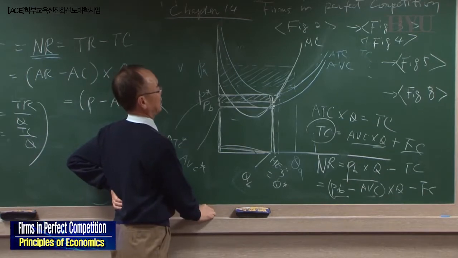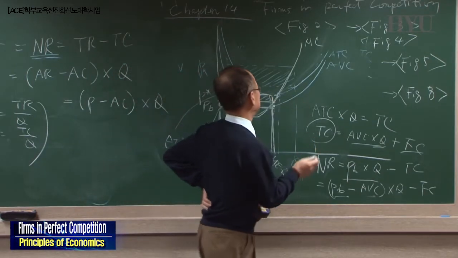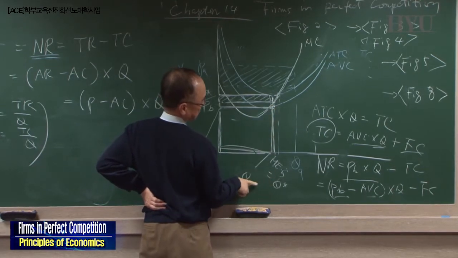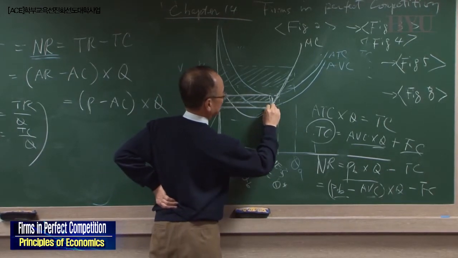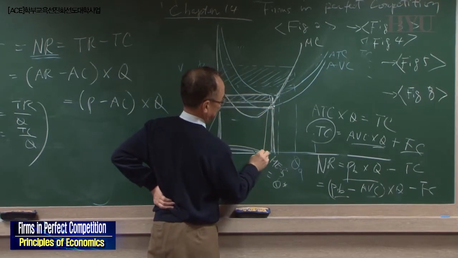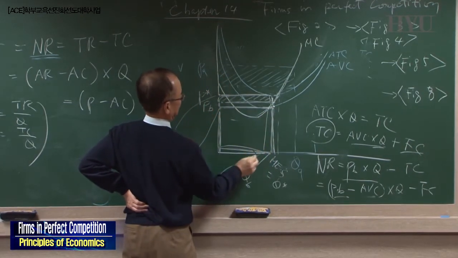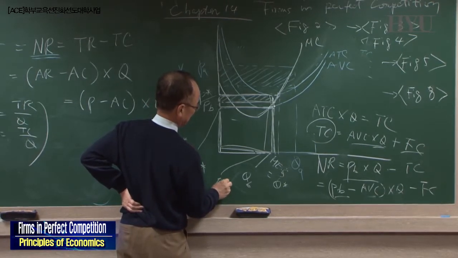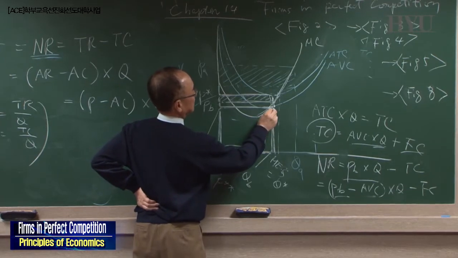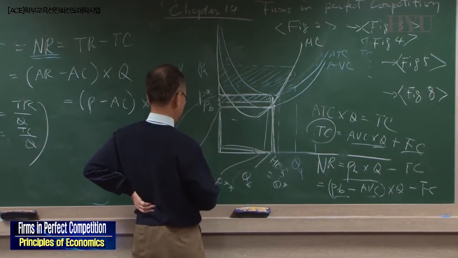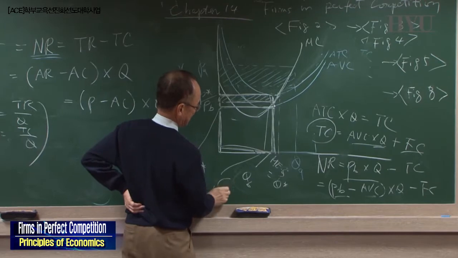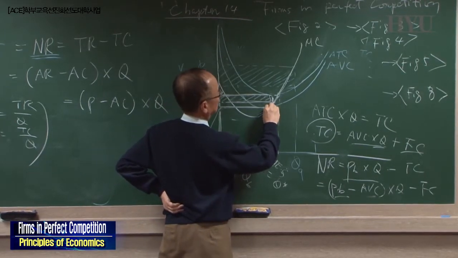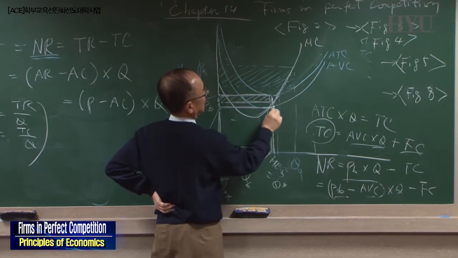Okay, that's the point here, that you keep producing until this one. So the minimum point, let's give it a name, Q double star. Q double star is the minimum point on this AVC curve.